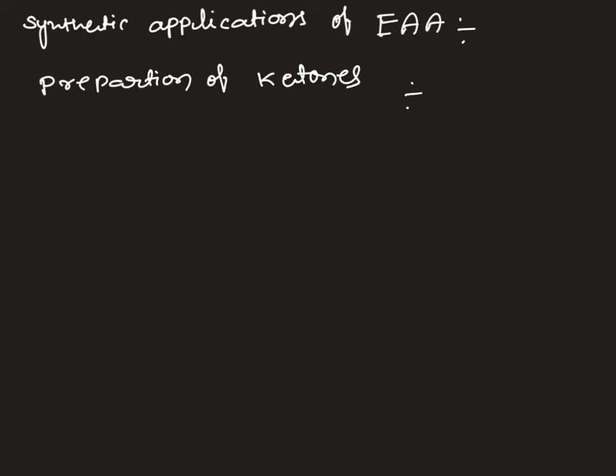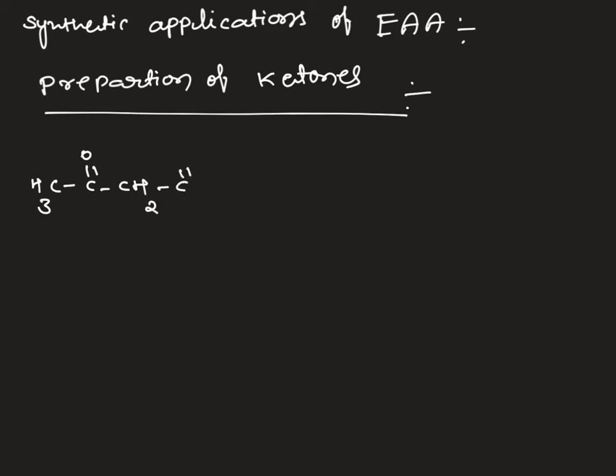How can we prepare ketones by using ethyl acetate? I am taking ethyl acetate as the starting material. I am reacting with sodium ethoxide and it will abstract a proton, forming the sodium salt of ethyl acetate.